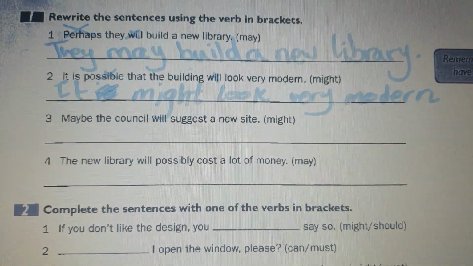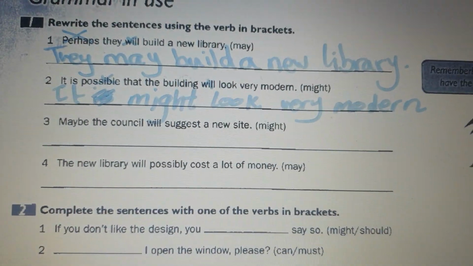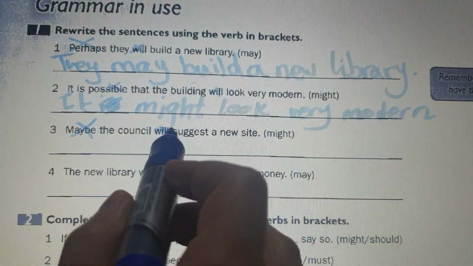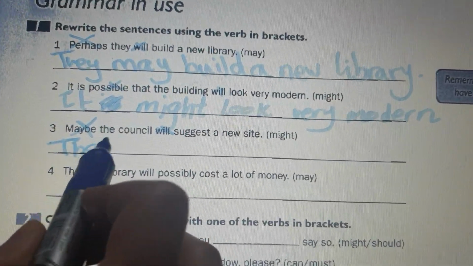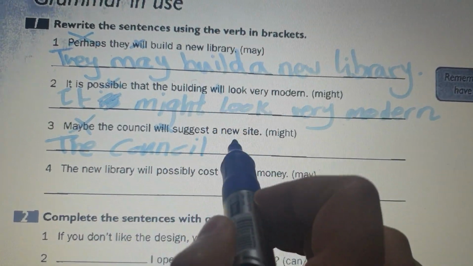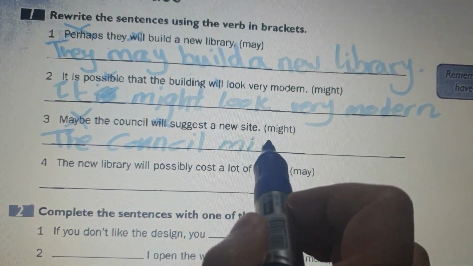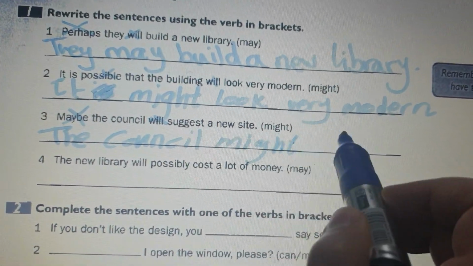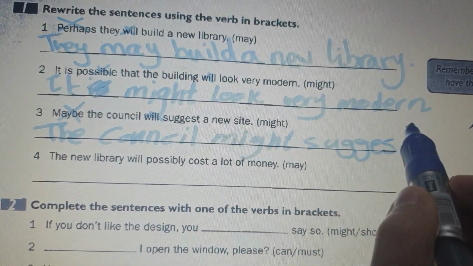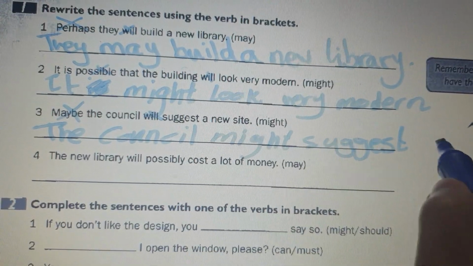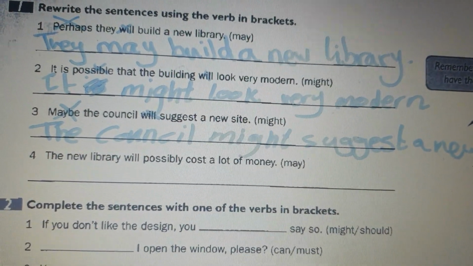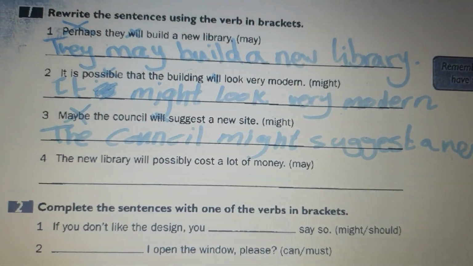Number 3, maybe the council will suggest a new site. Maybe with will, the council might suggest a new site.